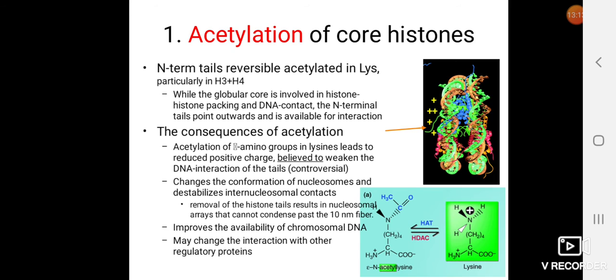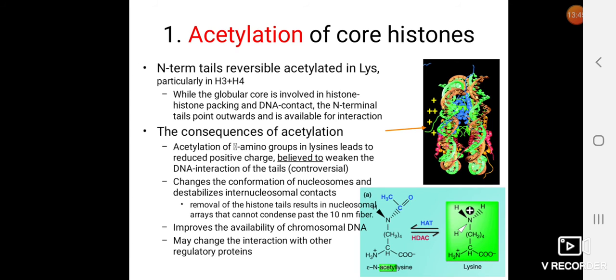Due to this decrease in the positive charge, the interaction between the DNA and the histone is also reduced, and it leads to a change in the conformation of the nucleosome and destabilizes the internucleosomal contacts.